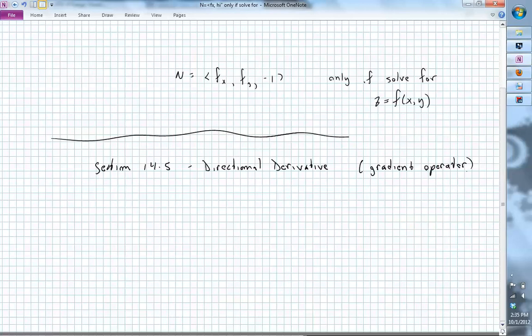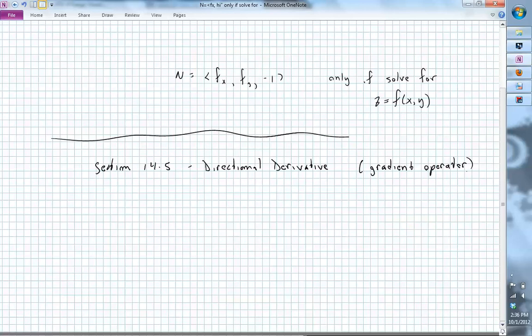You go out and you're on some hilly terrain, and you're standing at some location which we'll call (x naught, y naught). And the steepness of the terrain that I'm about to encounter depends on the direction that I'm going to go. And that's fundamentally different from Calc 1, where when I'm standing on the curve, there are only 2 ways for me to go: this way, or 180 degrees that way along the curve. And so the slope of the curve really was just one thing, right? It was just the slope of the curve right where I stood.